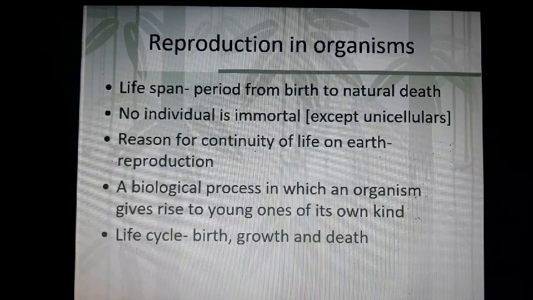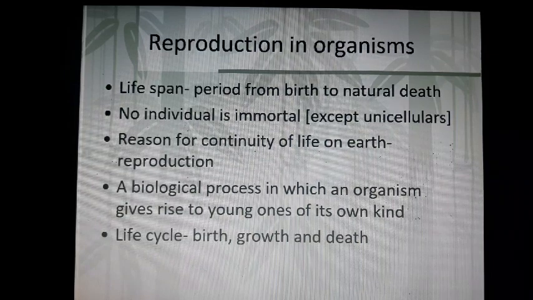The life cycle involves birth of the organism, growth of the organism, the physical growth, mental growth, reproductive growth, which is then followed by senescence. Senescence is aging, and eventually death of the organism.